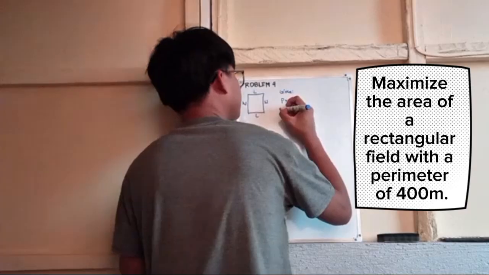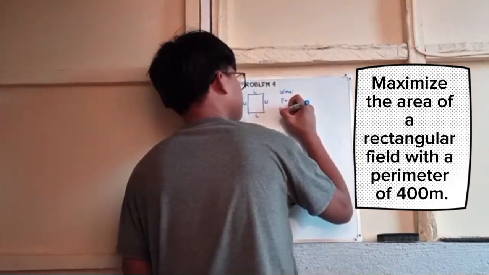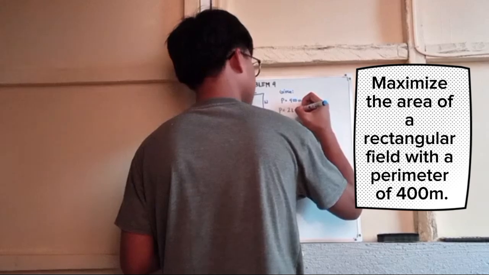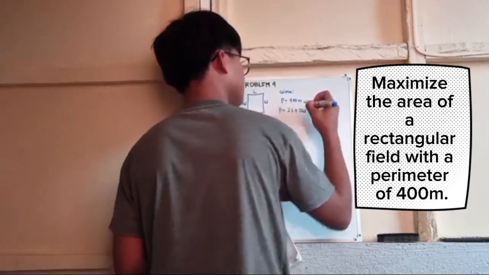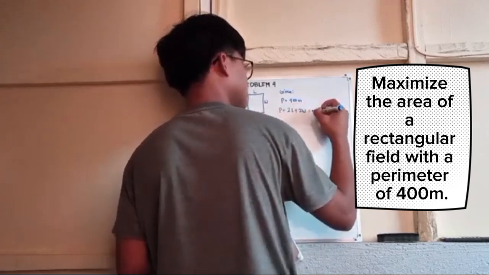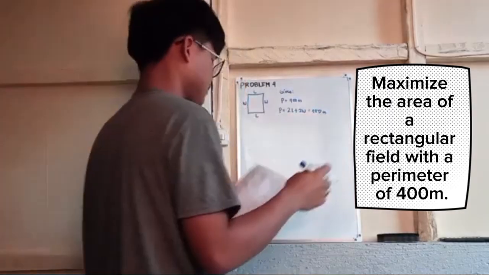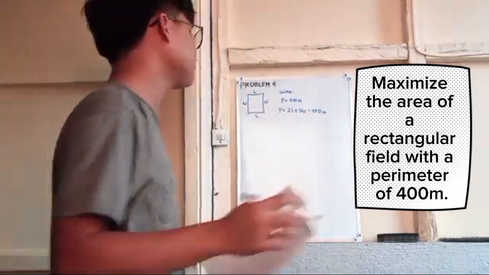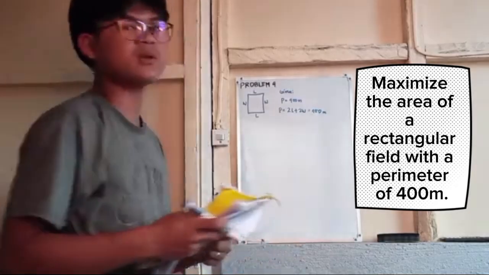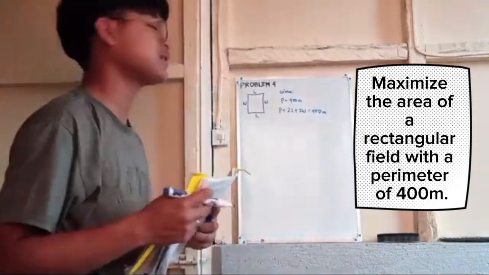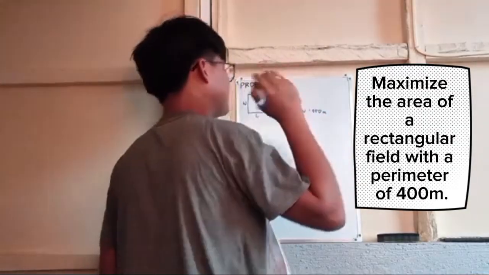So we all know that the formula for the perimeter of a rectangle is 2L plus 2W. Then we will equate this to 400 meter. So we will manipulate the formula so that we can get the value of W, or the width.